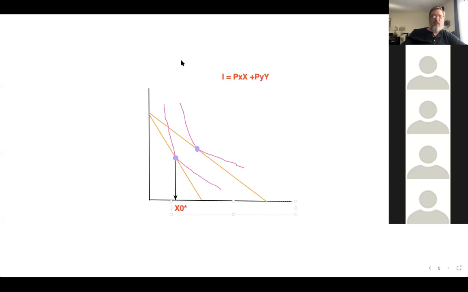And then the price is lowered and I purchase, presumably, I mean, I wouldn't know until I actually solved the problem, but presumably I purchase more X. So then I go to X1 star, right?